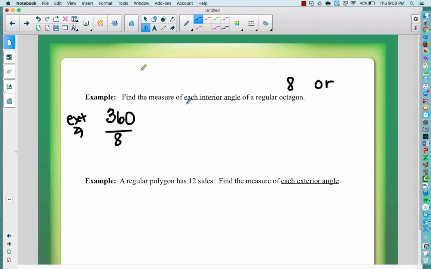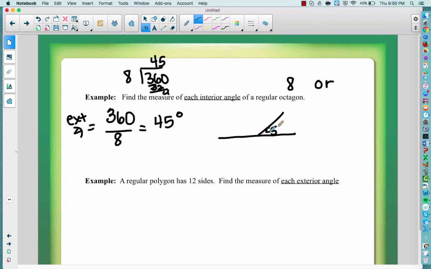So 360 divided by 8, I'm going to do the work over here. 8 goes into 360 4 times, and you get 32 and 40, so 45 degrees. So that means there's 45 degrees in an exterior angle. And we just said that an exterior angle is a linear pair with the interior angle. So we can just do 180 minus 45 and get 135.